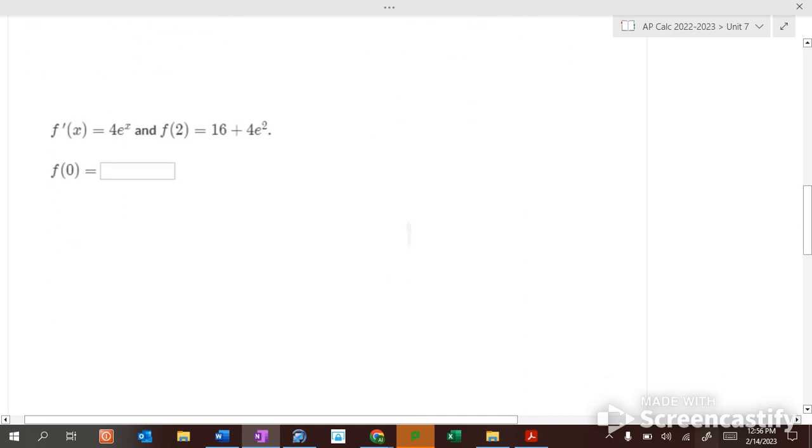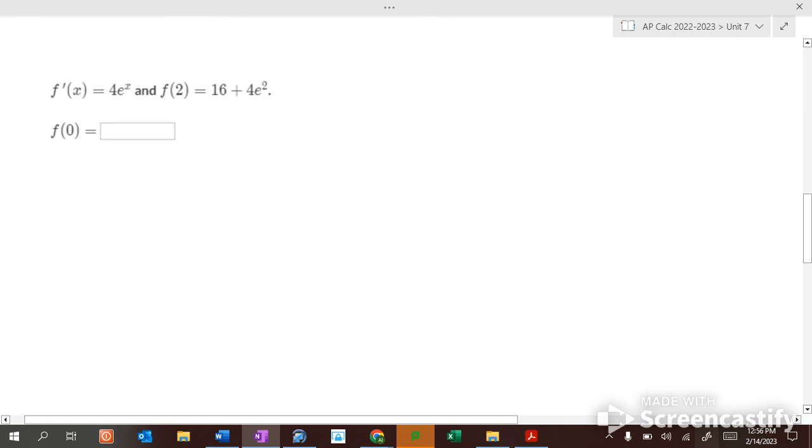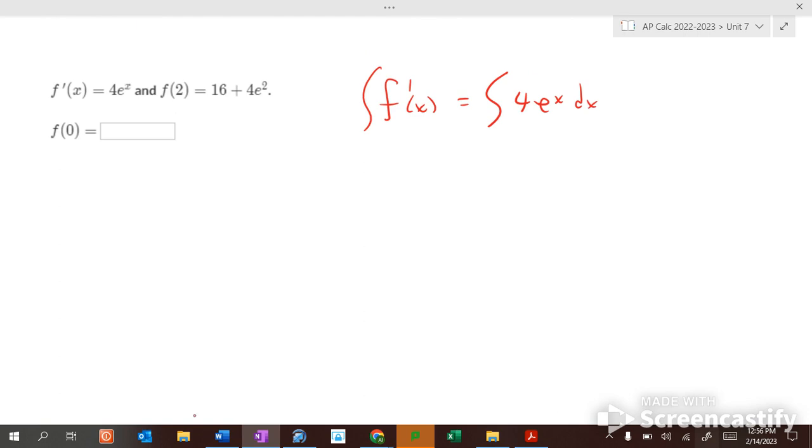Okay? Not quite as easy. The integral of f of x equals the integral of 4e to the x. And there's really a dx there on each side. So f of x equals what? 4e to the x plus c. So 16 plus 4e to the 2nd equals 4e to the 2nd plus c.